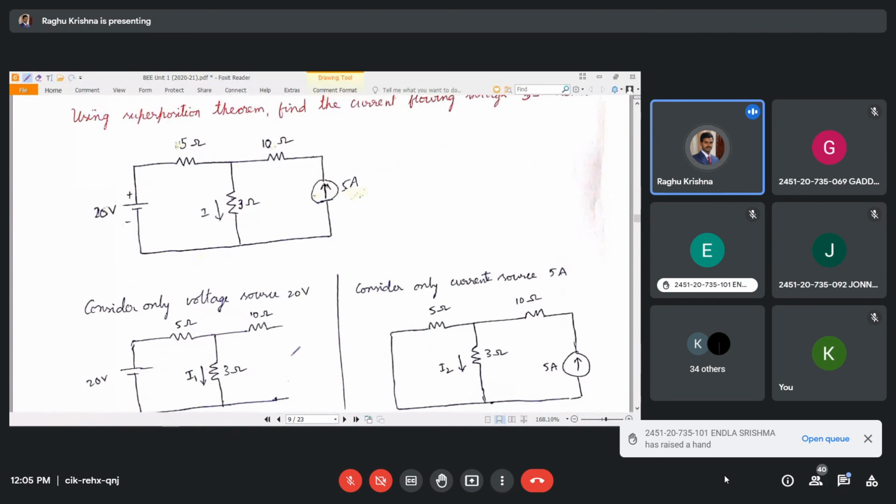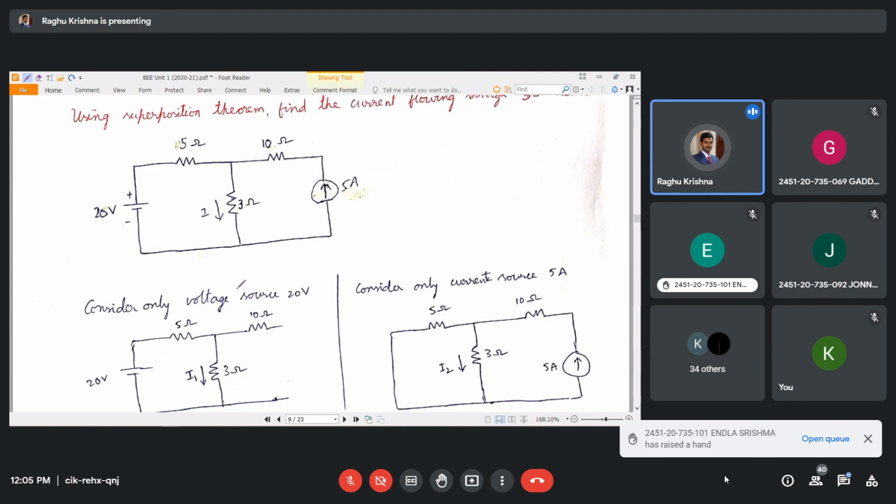So here the internal resistance for the current source is infinity, so that is open. So the current source is replaced by open circuit. You can draw it like this, or simply draw like this.